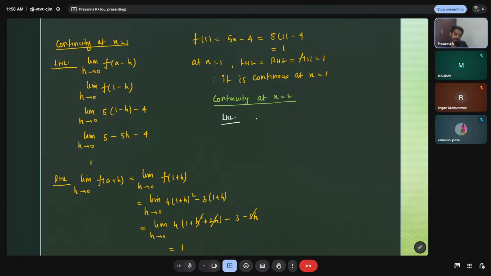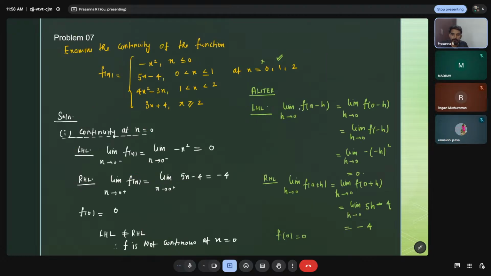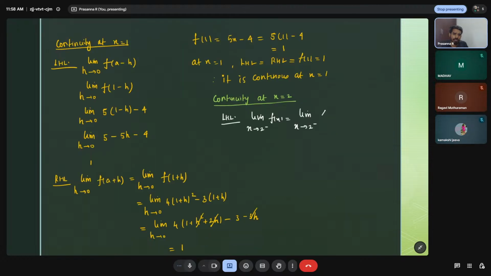So LHL is limit x tending to 2 minus of f of x. So to the left of 2, what is your f of x? 4x square minus 3x. So directly substitute 2 here. See, don't put minus 2. We are approaching from the left, right? 2.